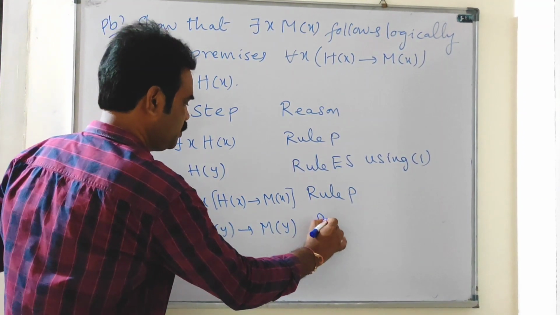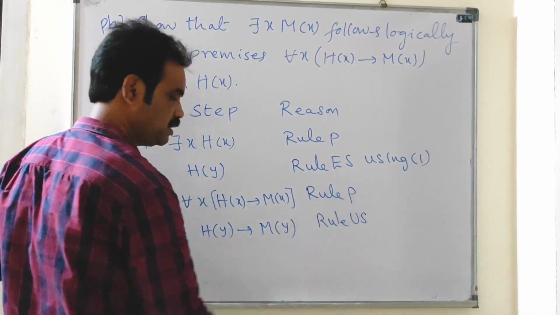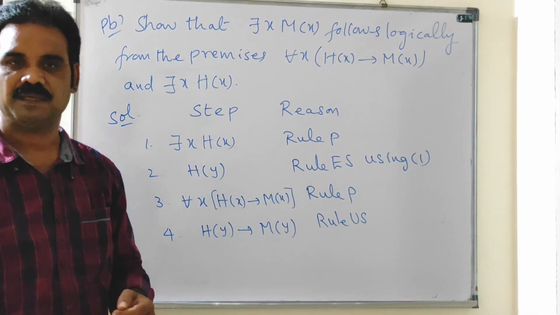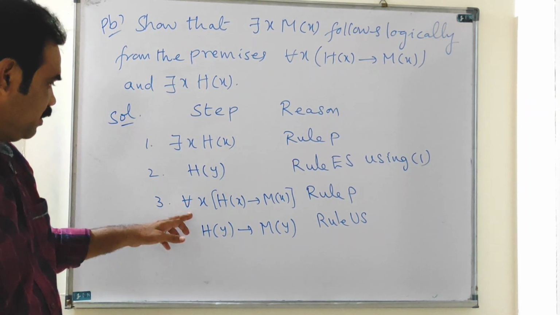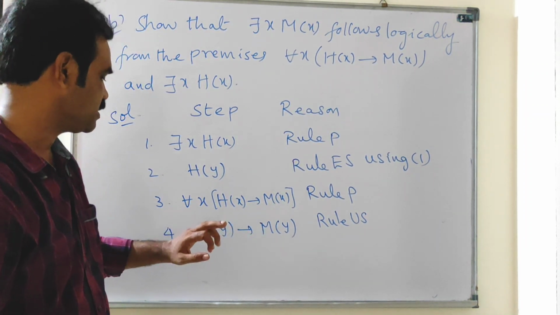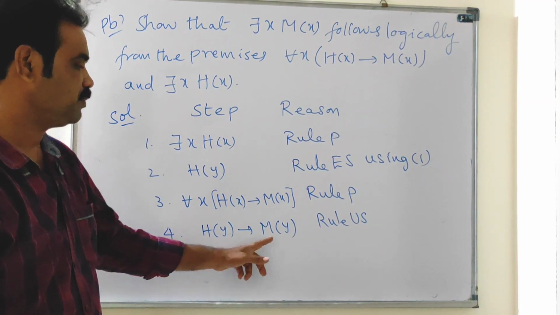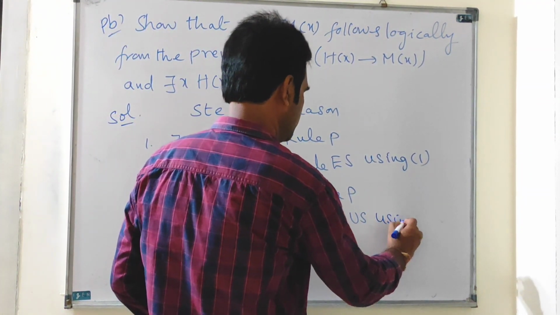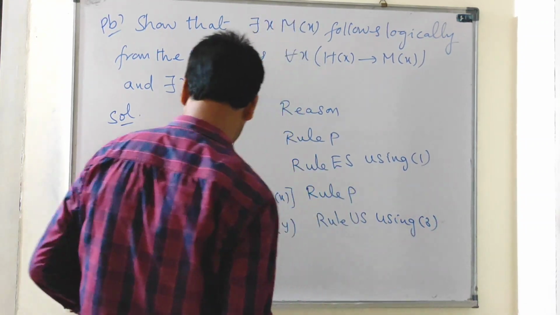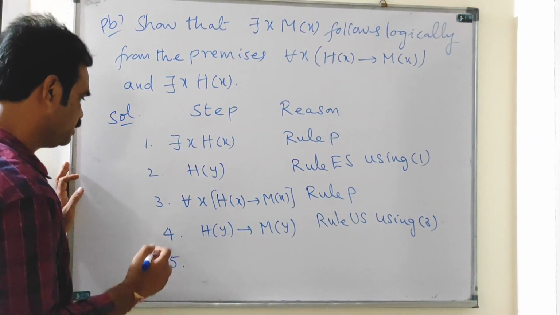Next, from this we have H of y implies M of y. This is rule US. You know that rule US is for all x P of x, therefore P of c for any c. Now here for all x H of x implies M of x, therefore H of y implies M of y. This is rule US using 3. See the next step.